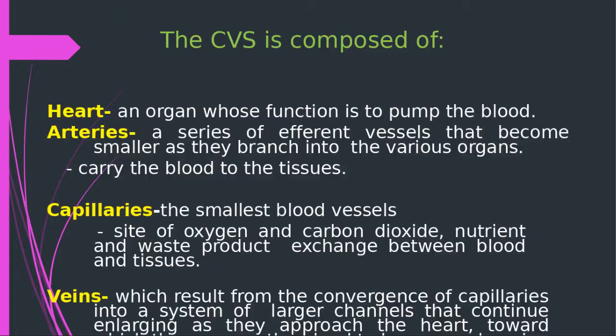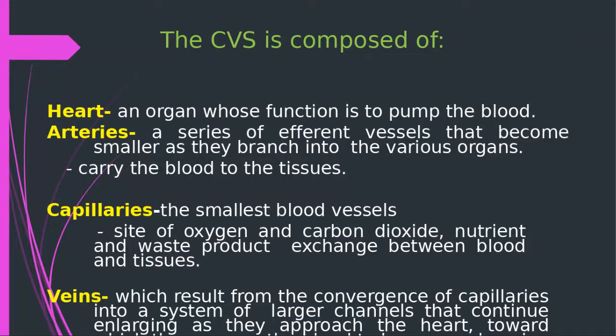Now, what is the CVS? A small introduction. Heart is basically an organ whose function is to pump the blood. Arteries are a series of efferent vessels that become smaller as they branch into various organs. Then you will have capillaries, the smallest blood vessels. They are the site of oxygen and carbon dioxide exchange.